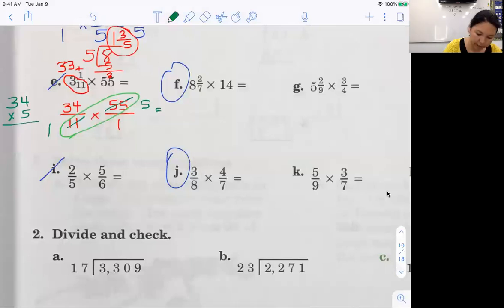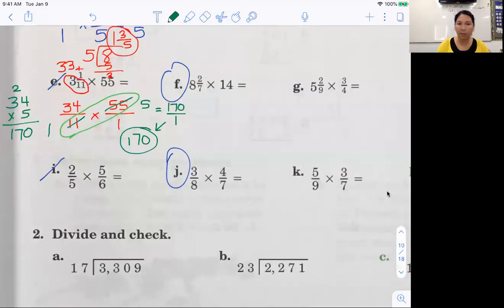5 times 4 is 20. 0, carry my 2. 5 times 3 is 15, plus 2 is 17. So I got 170, which is going to be 170 over 1, but we all know, third grade, that that really means 170, right?